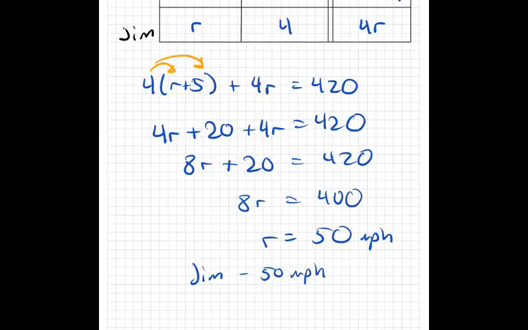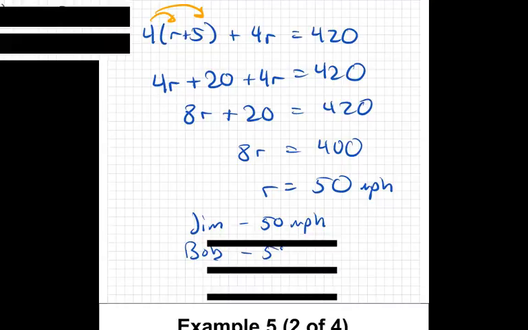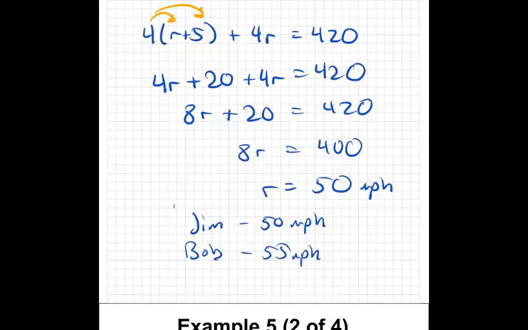And Bob should have traveled at 55 miles per hour. These answers are reasonable. We didn't get anything outrageous like 300 miles per hour. These are reasonable answers for this type of thing.